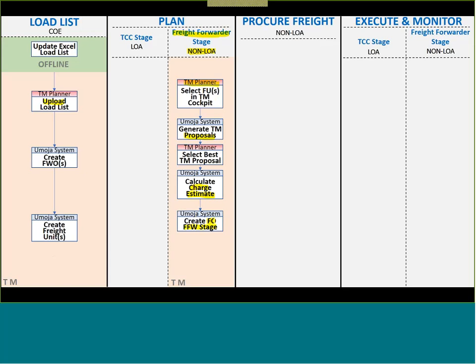And the system will even allow the planner to combine several freight units in the same shipment. So in case we want to ask the freight forwarders to transport two different troops requirements, we can combine them in the same freight order and award them to the same freight forwarder.